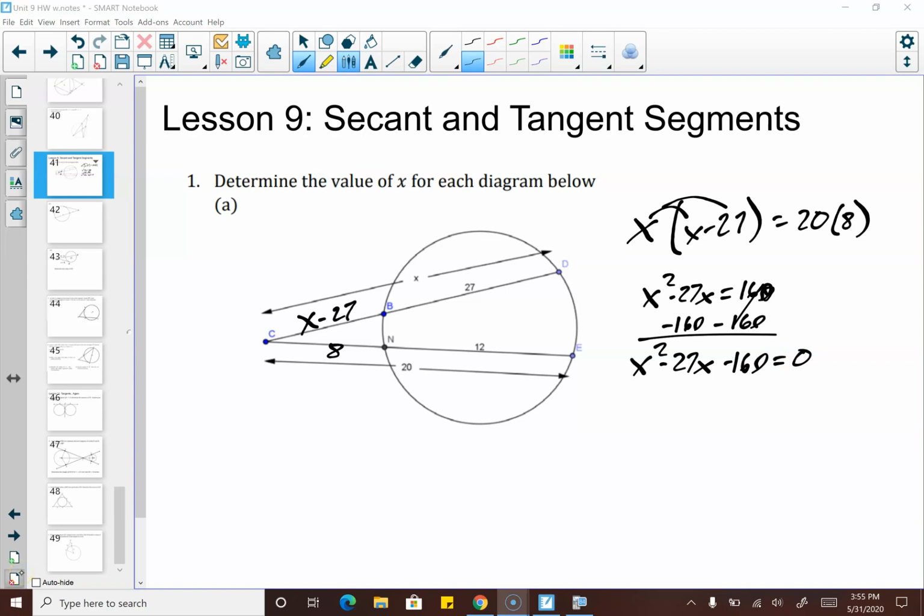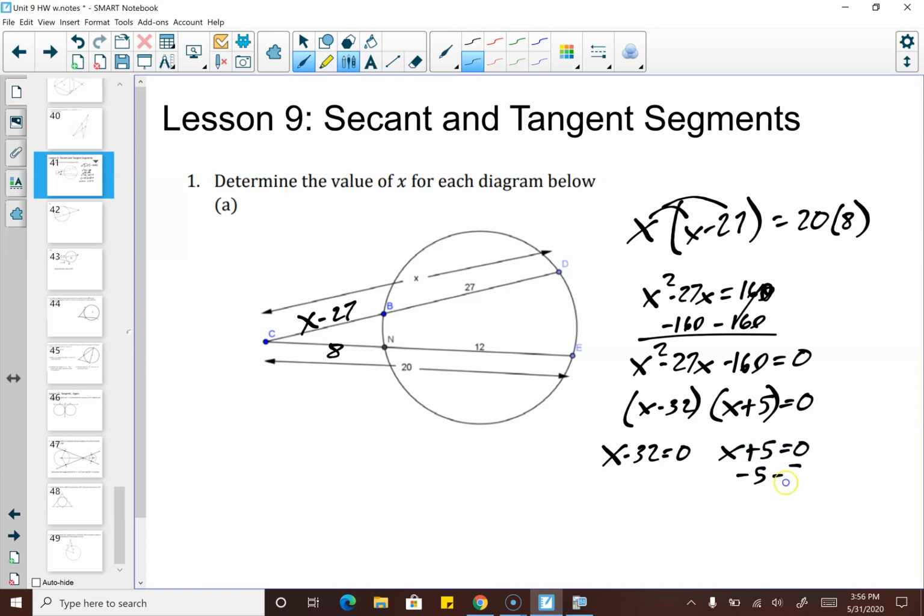So it might take you a little while to figure out what multiplies to negative 160 and adds to negative 27, but your answers are a negative 32 and a positive 5. So negative 32 times 5 is negative 160. Negative 32 plus 5 is negative 27. So we'll take each of those and set them equal to 0.